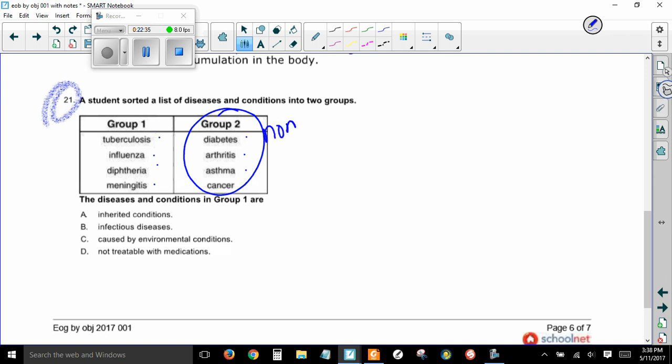So these are what we call non-infectious. And all of these are caused by bacteria or viruses or proteins. So these are infectious. Now we just noticed that right off. We haven't even read the question yet.